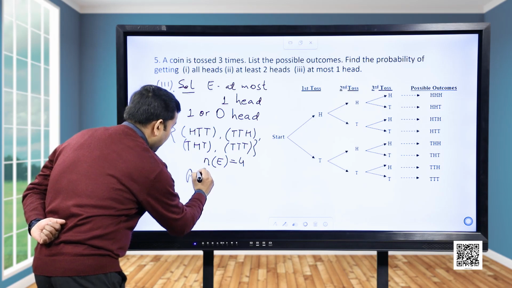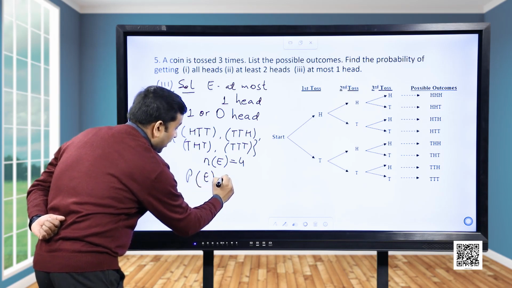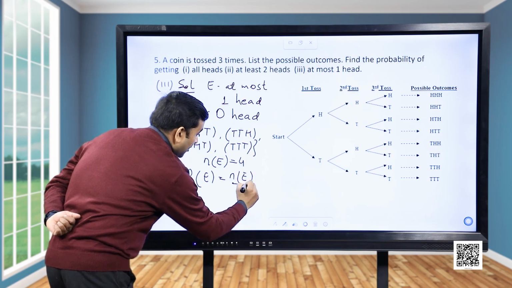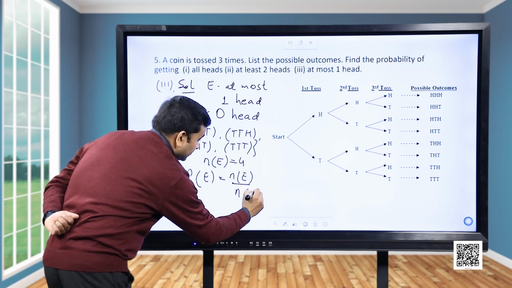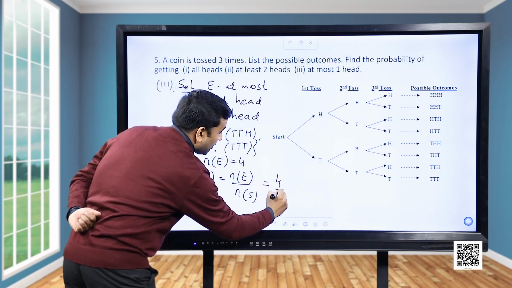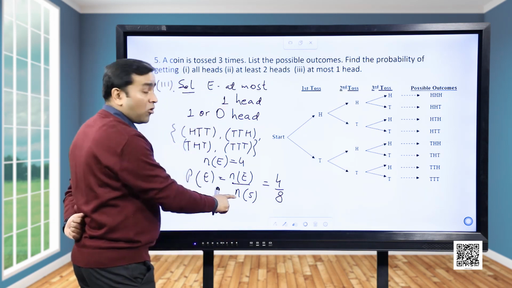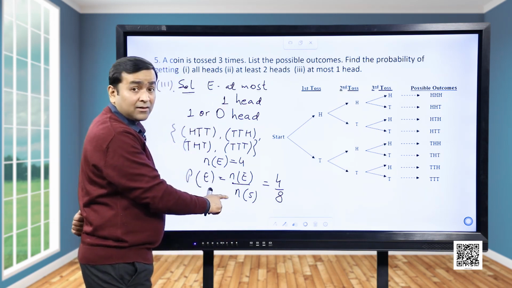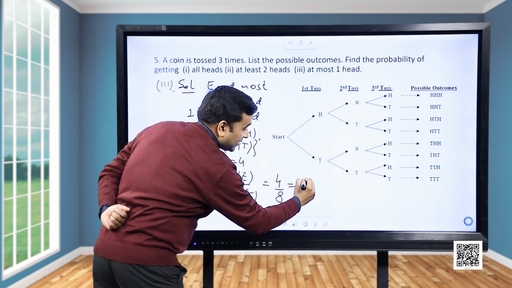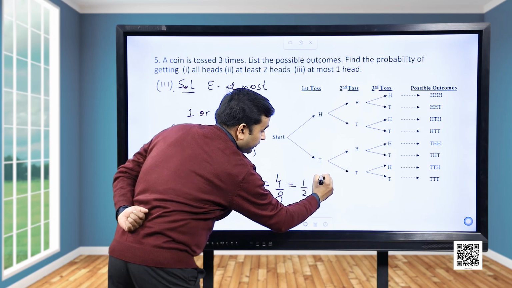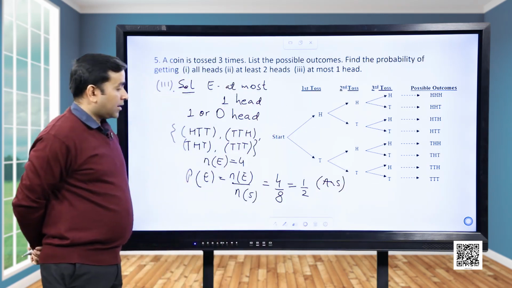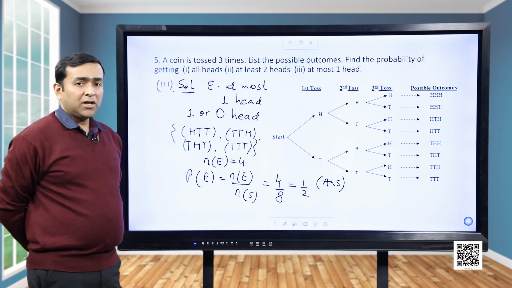And the required probability PE equal to NE upon NS, which is equal to 4 upon 8. Remember all the possible outcomes are 8, right? You can count these, and this is equivalent to 1 by 2. Correct? Let us move to the next question.